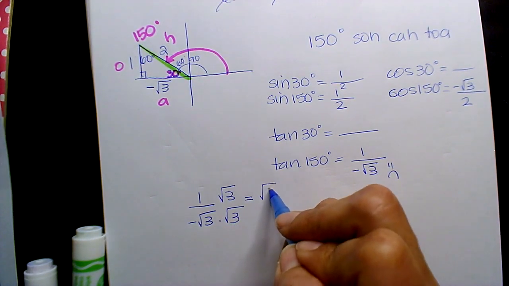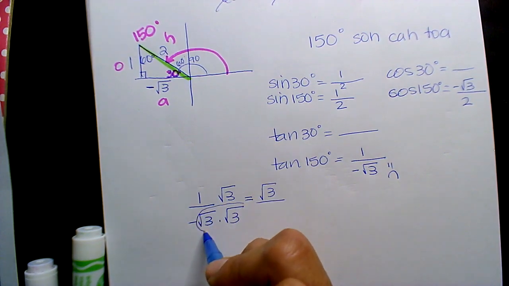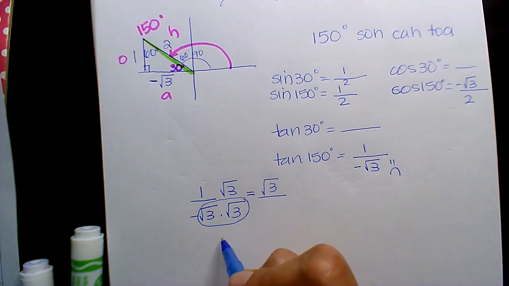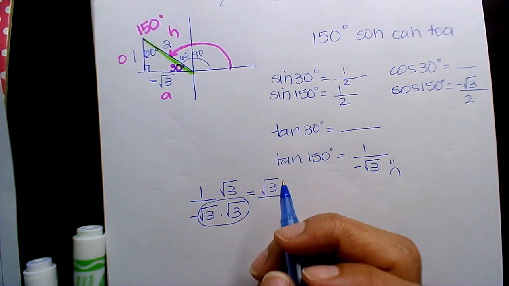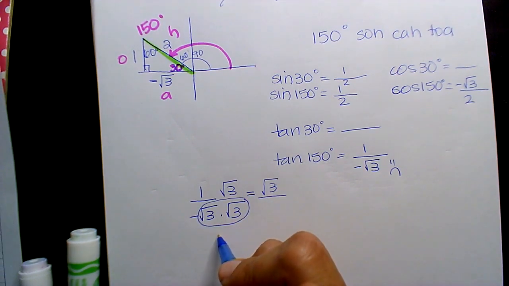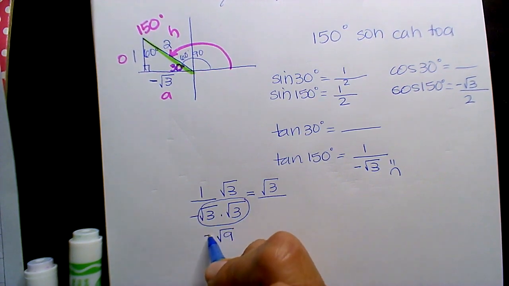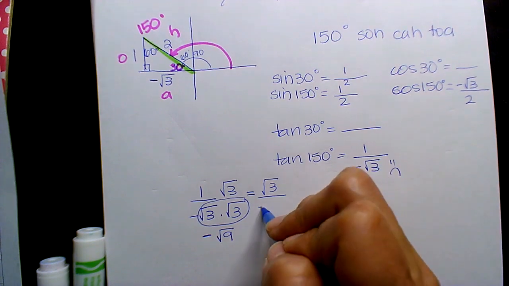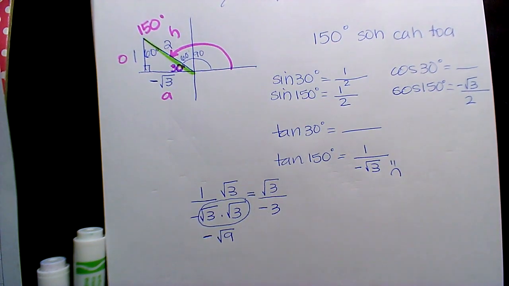So I get rad 3, and then what's rad 3 times rad 3? Is it a negative rad 3? No, just do the positives. We'll do the negative later. Rad 9. Just bring down the negative. And what's the square root of 9? 3, and so it's negative rad 3 over 3.